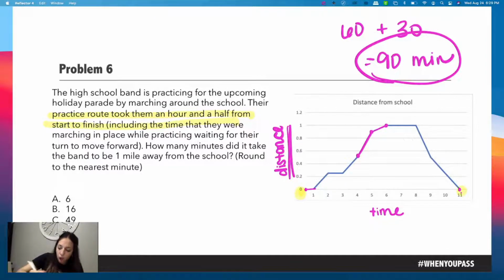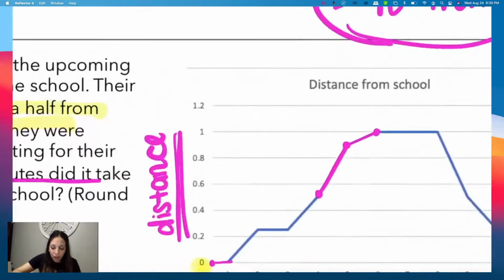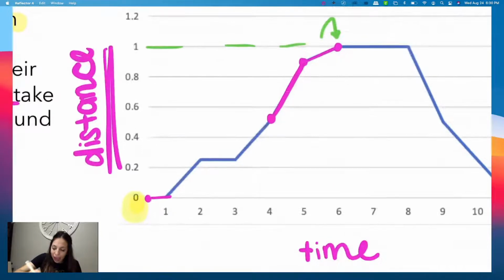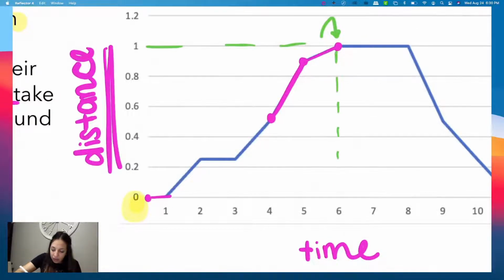And they want to know how many minutes did it take for the band to be 1 mile away from the school? Well, when did 1 mile happen? 1 mile happened right here. So it happened at the 6 mark.